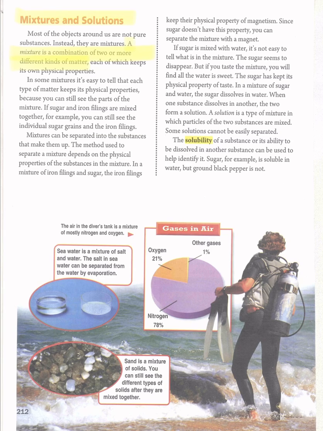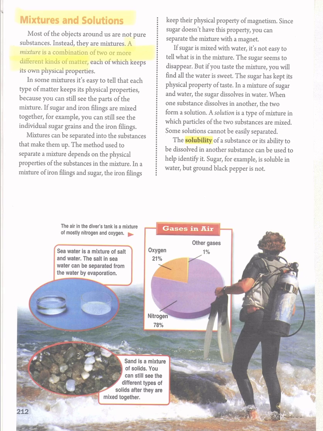Because after mixing, we can separate the salad ingredients from each other. For example, you can separate the tomatoes from the cucumbers and onions. You can separate the onions from the salad. That's why we say the salad is a mixture.